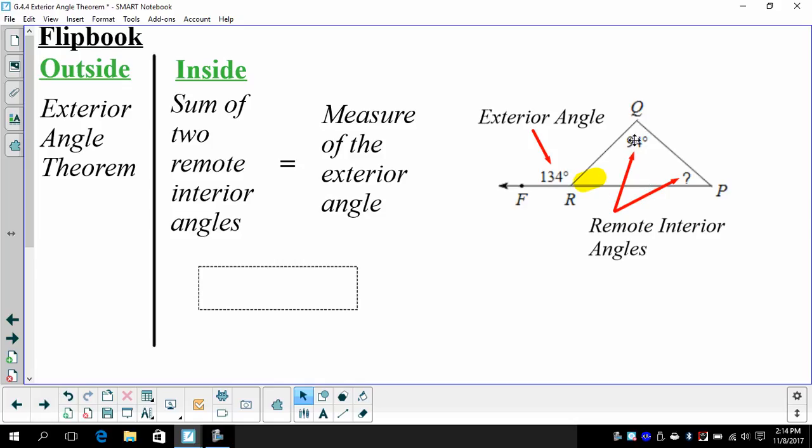What it says is that if you add these two remote interior angles, if you sum them, sum is the same thing as add, then that will be equal to this exterior angle. So in this case, if I add 94 and question mark, it's equal to this exterior angle that's 134.